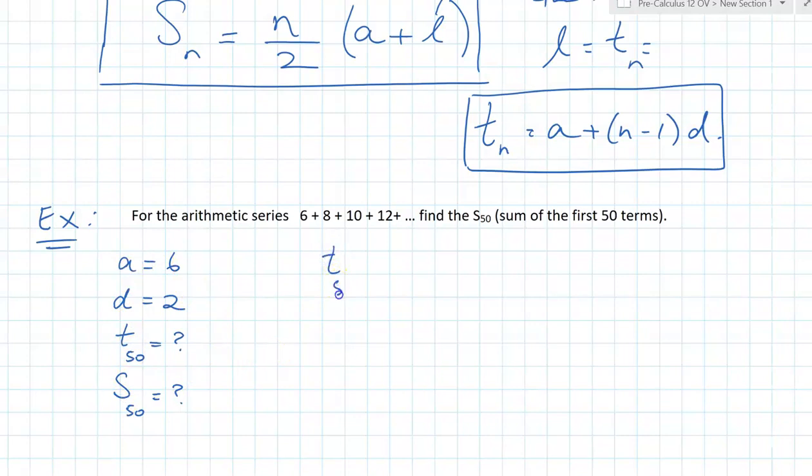What is T50? We're going to use the Tn general term formula. So you just plug that in: 6 plus 50 minus 1 times 2. Do the math and find out what T50 is, and then let's go from there.